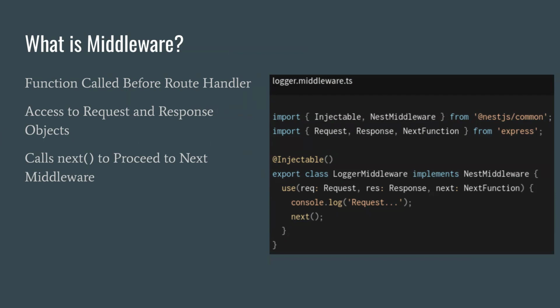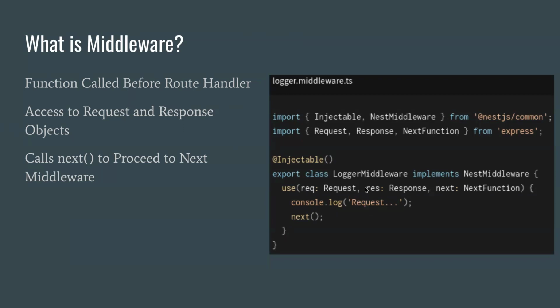The next middleware function is commonly referred to as next. Middleware can be used to execute code, modify request and response objects, end the request-response cycle, or pass control to the next middleware function.